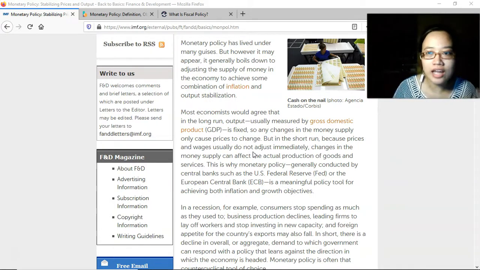So it would take time before the prices and the wages adjust, before they would realize that there's an infusion of money. With that high supply of money, you can increase prices for goods and services. But again, it would take some time, because it goes from the central bank to the private banks to the hands of the businesses, the borrowers, individuals and businesses, and then from them to their employees and the households, essentially. Okay.